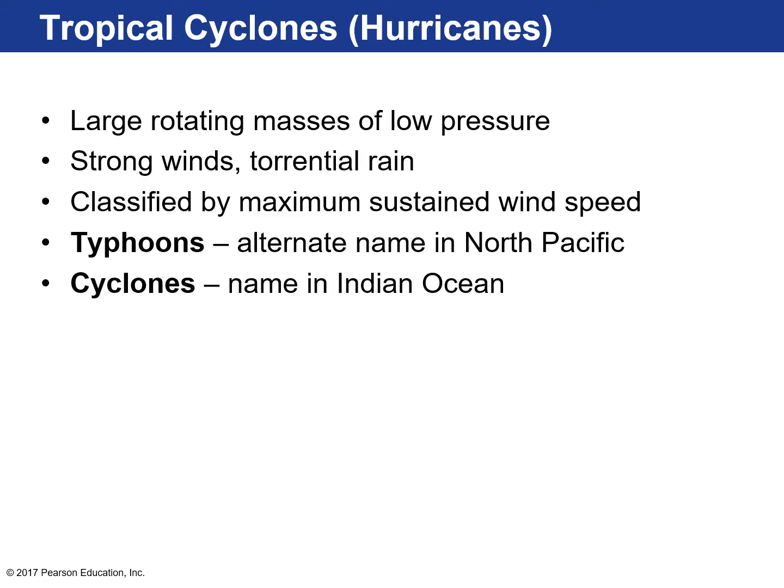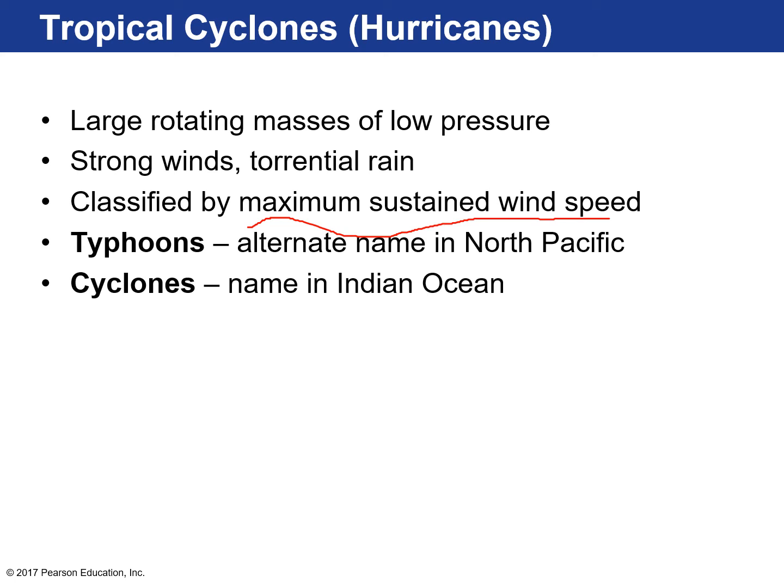All right, let's talk about hurricanes or tropical cyclones. These are large rotating masses of low pressure. I'm sure many of you are familiar with this from personal experience. Strong winds, torrential rain coming sideways up into all the cracks into your house, maybe even coming into your house and you're freaking out. These hurricanes are classified based on the maximum sustained wind speed.